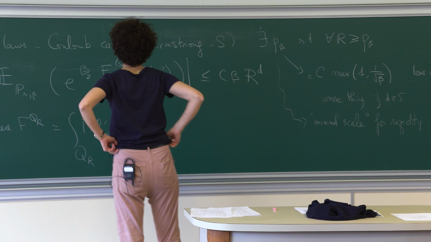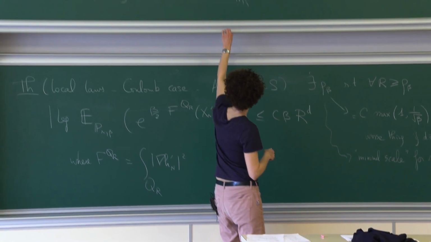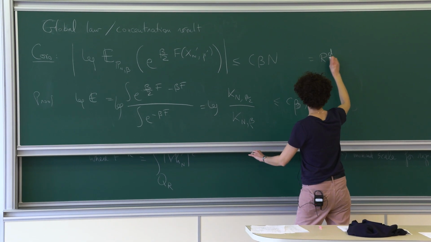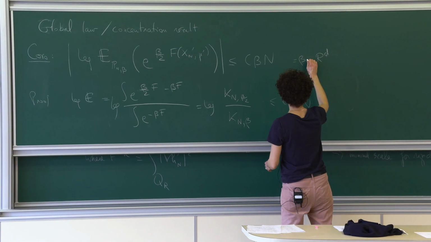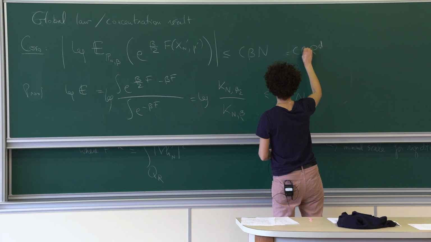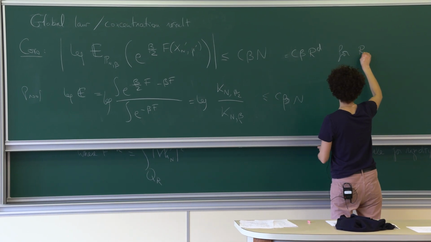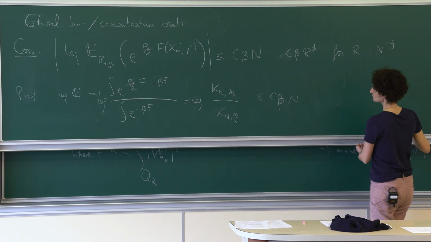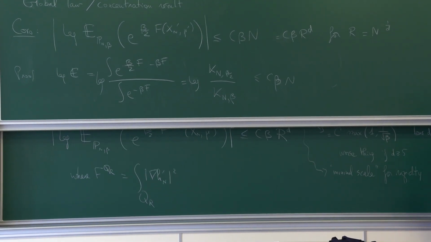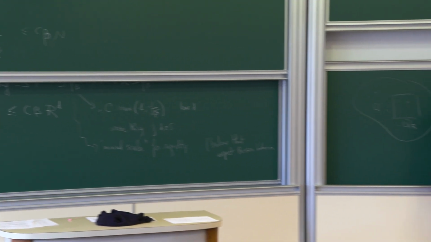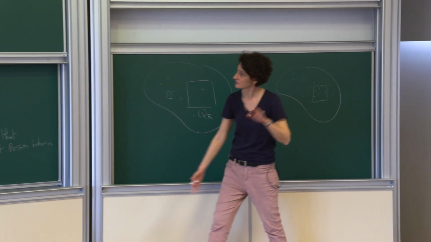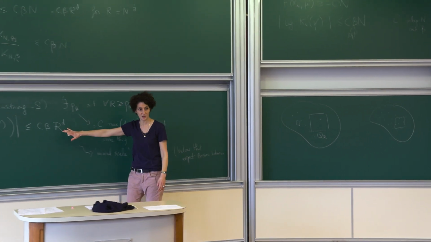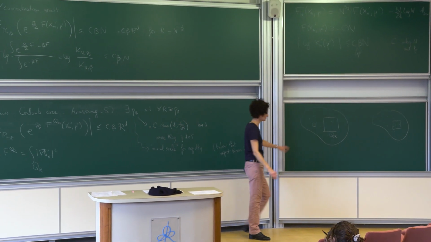Remember, the original one, n, that's R^d. So that's C beta R^d for the largest scale, which in this scaling is n to the 1 over d. That's the size of your largest system, the macro scale. So we know the thing at the macro scale, and now we're saying it's true at all mesoscales down to this minimal scale.